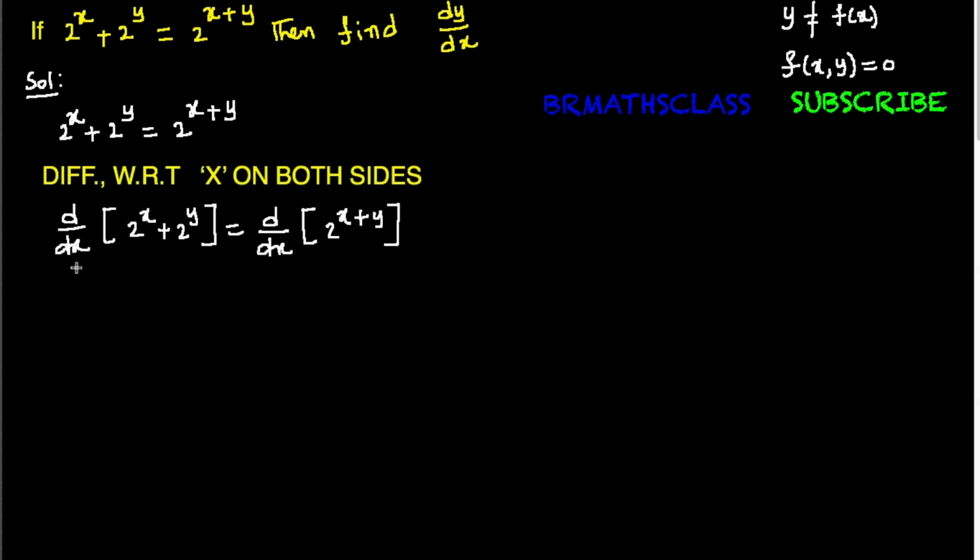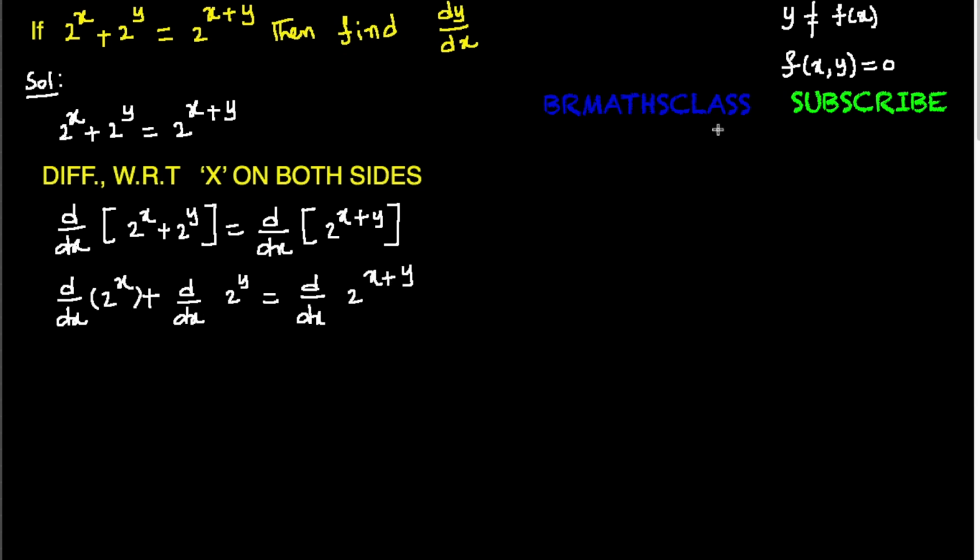Now you observe here d/dx of (2^x + 2^y). You know how to differentiate this. We differentiate each and every term: derivative of 2^x plus derivative of 2^y, equal to d/dx of 2^(x+y).